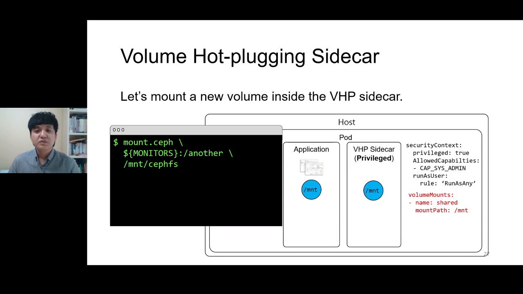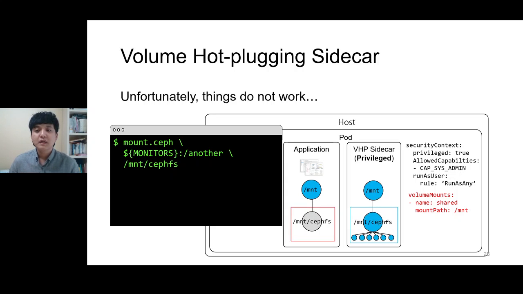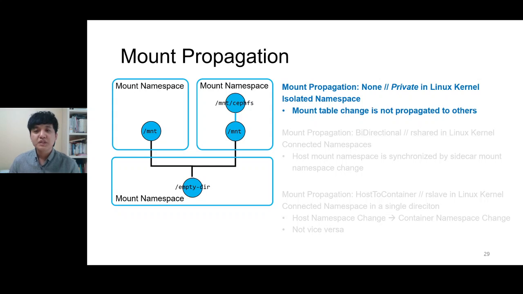Now, let's mount a new volume inside the sidecar. Unfortunately, the mounted volume is only visible inside the VHP sidecar, but not in the application. The secret was mount propagation. When a container is created, resources in the container are isolated by Linux namespaces such as network namespace, process namespace, and mount namespace.